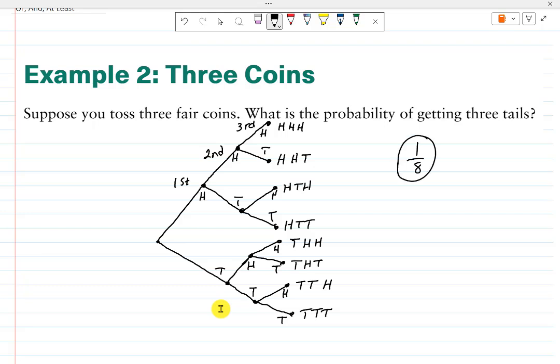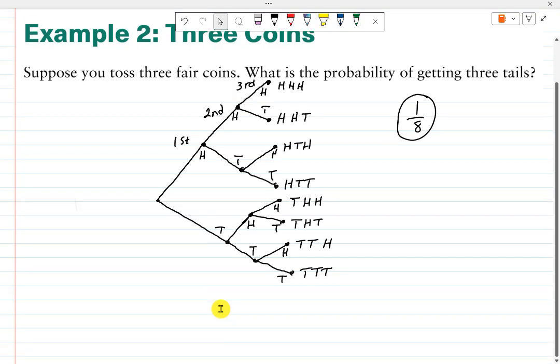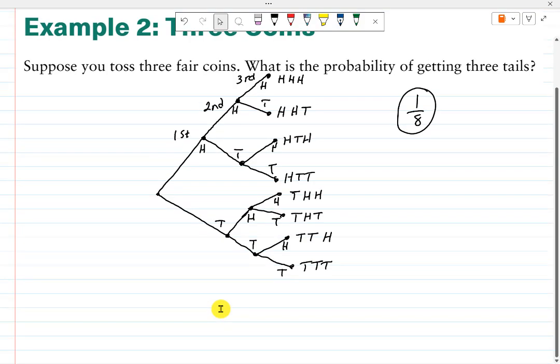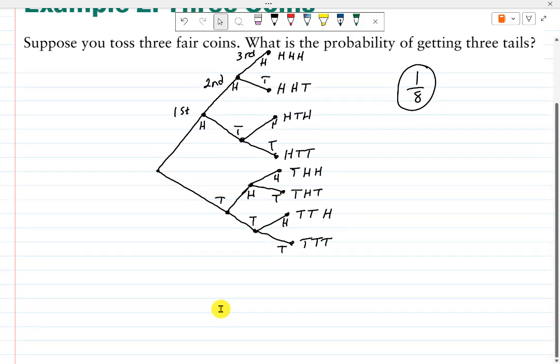However, I want to show you an alternative that uses something called independence. We're flipping 3 fair coins. Let's call them coins 1, 2, and 3.